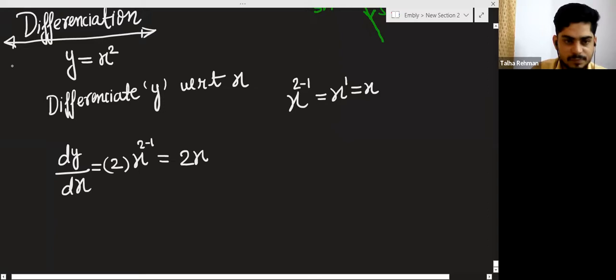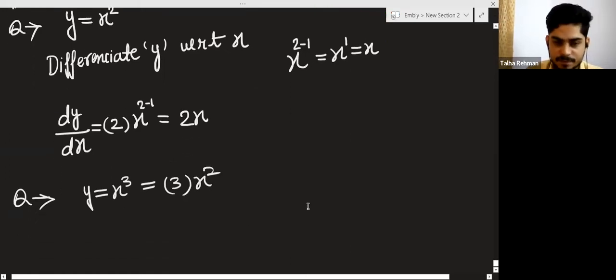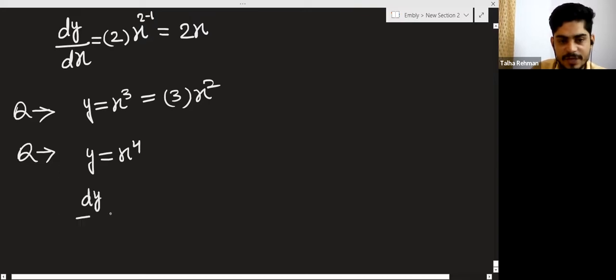Now, if y is equal to x cube, write this power 3 first, and then instead of x cube, write x square. Suppose y is equal to x to the power 4 and I want to find dy by dx, means differentiation of y with respect to x.